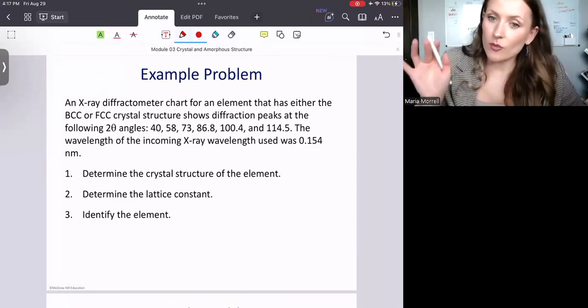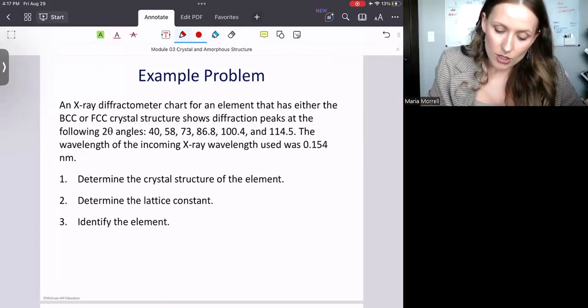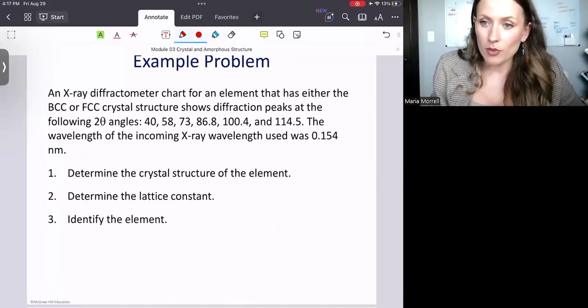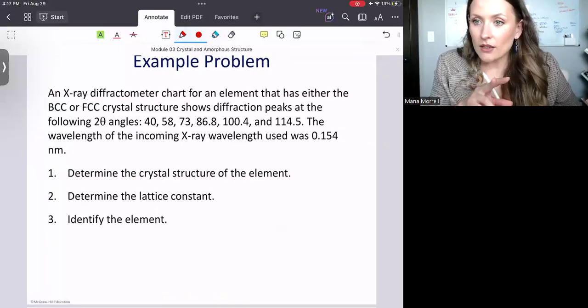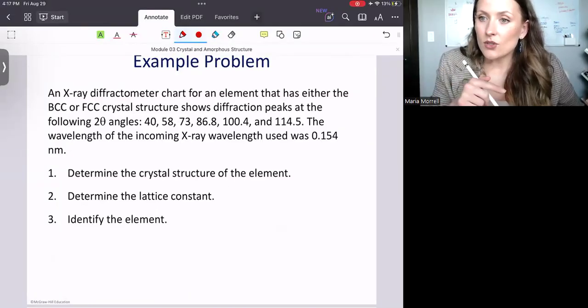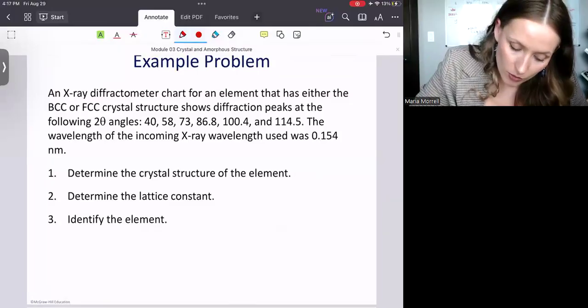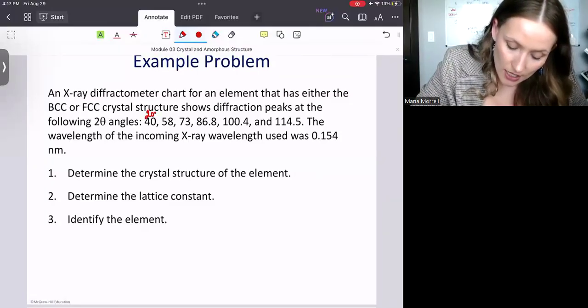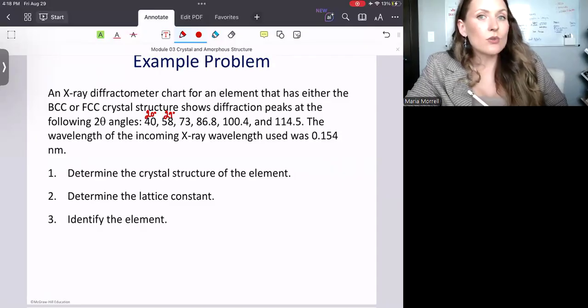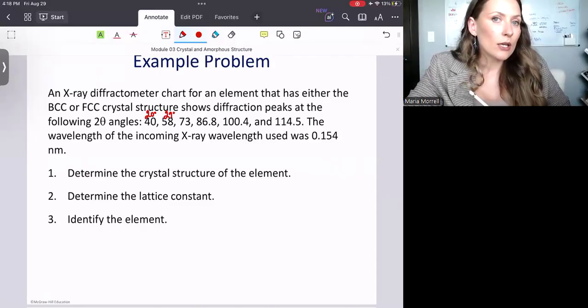For my problem, I would need the first two angles and I need to divide them by two so I can actually find the angle itself. So I'm looking at the 20 degrees and 29, okay? So I'm looking at these two angles.